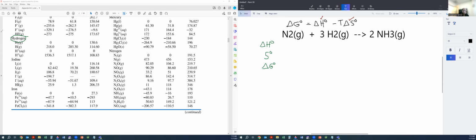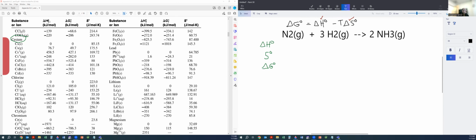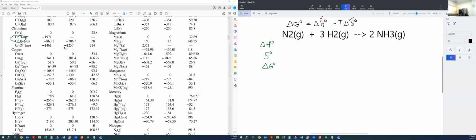And when I go up, notice the circle doesn't move. The first column is delta H, next column is G, next column is S. HGS. So let's remember that. So for hydrogen, this is delta H, this is delta G, this is S. Value of delta H for hydrogen is 0.